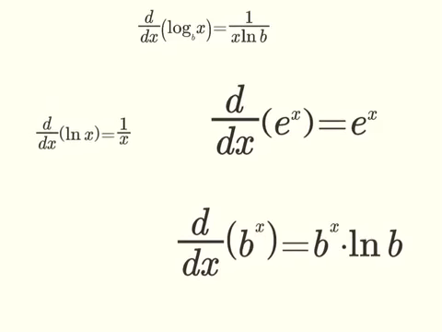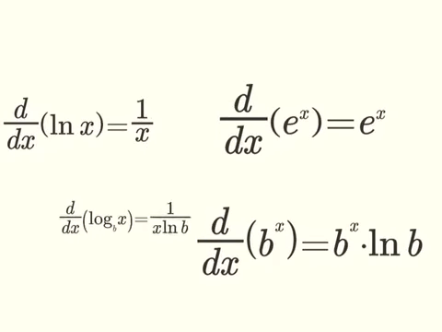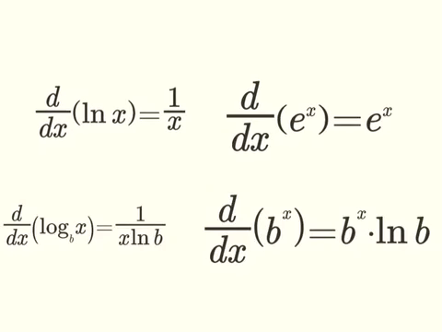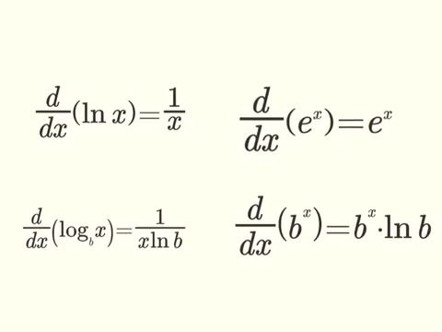So the derivative of the natural log of x, the derivative of the log base b of x, the derivative of e to the x, and the derivative of b to the x. Now in this video, we proved this one first using the definition of the derivative, and then quickly used it to prove this one, and this one.